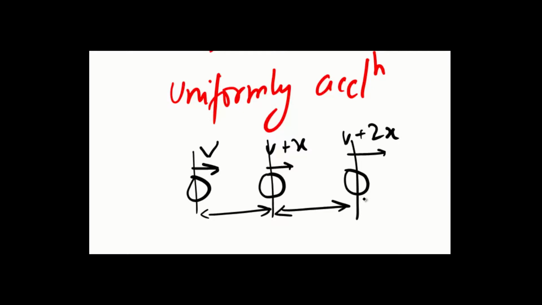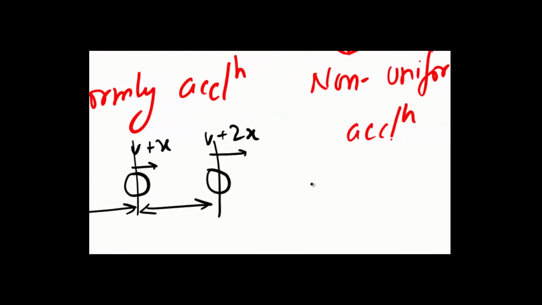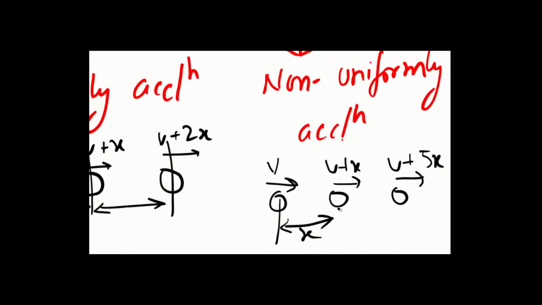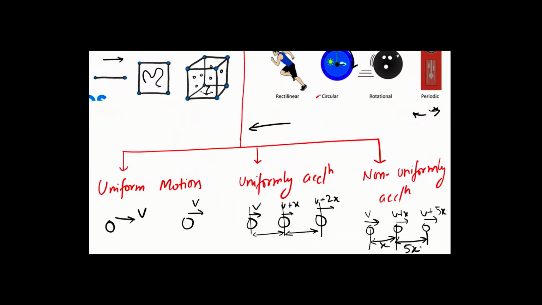The third part of motion is non-uniformly accelerated motion. That is something like, let's say speed initial is v, now after some time it's v plus x, then after some time it's v plus 5x. So this is non-uniform increase. In first interval it increased by x, in second interval it increased by 5x. So we'll deal with motion in this regard.